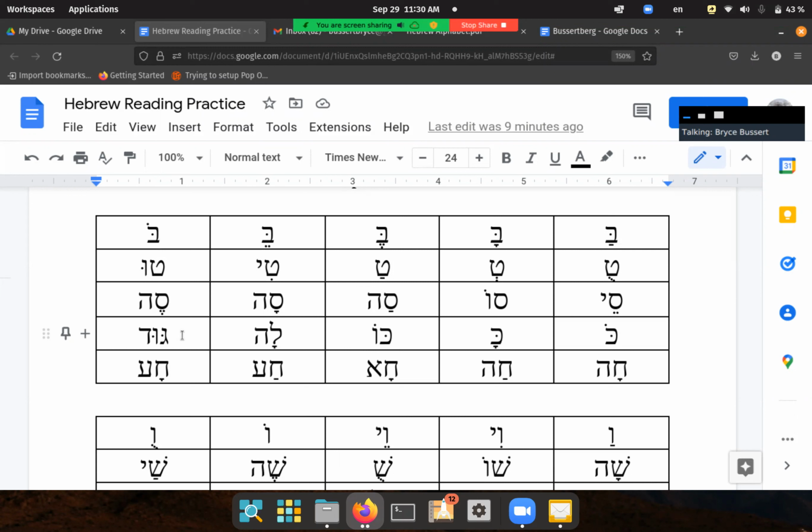They get a dagesh if they are the first letter in a syllable. So we see that's the case for this bet. It's the first one in a syllable, so it has a dagesh. And this gimel is one of the beged kefet letters, and it's the first one in the syllable here, and so it gets a dagesh as well. Now, in this instance, it doesn't change the sound, but that's what that dagesh is doing there.